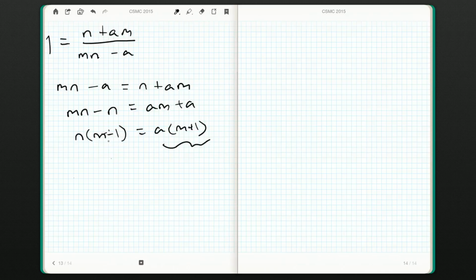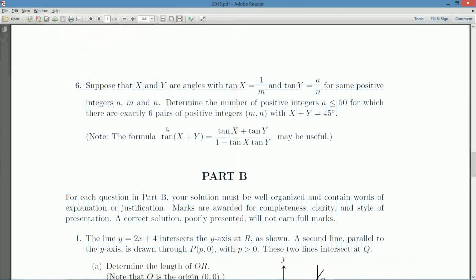Could I substitute a back in, and would that be meaningful in any way? I don't think so, because I'd just be subbing it in and I'd get nm equals nm, or something like that. So this is the only thing I can get after all the long-winded details they gave us in the problem.